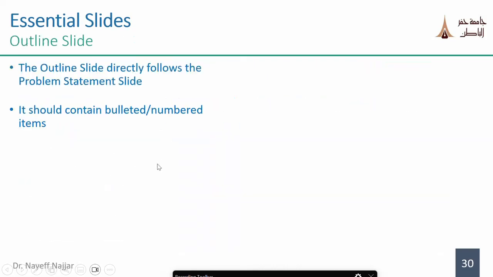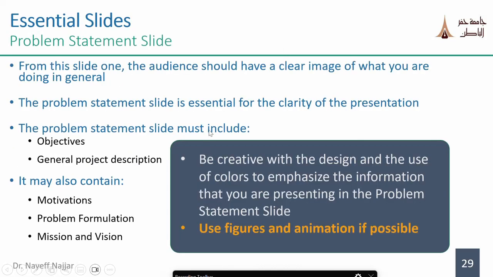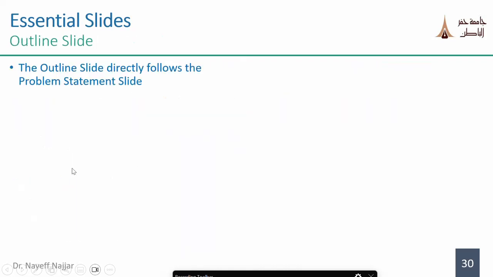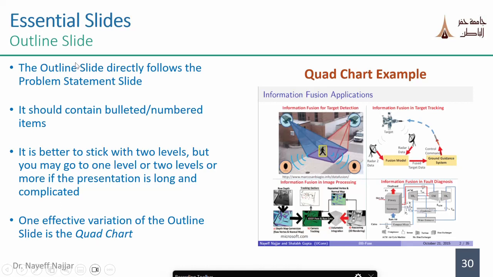You should state your objectives. I'm not going into the details here, but you should state at least the objectives of your presentation. You should also have an outline slide. There are several forms of the outline slide. An outline slide will help people to understand what you are going to present.